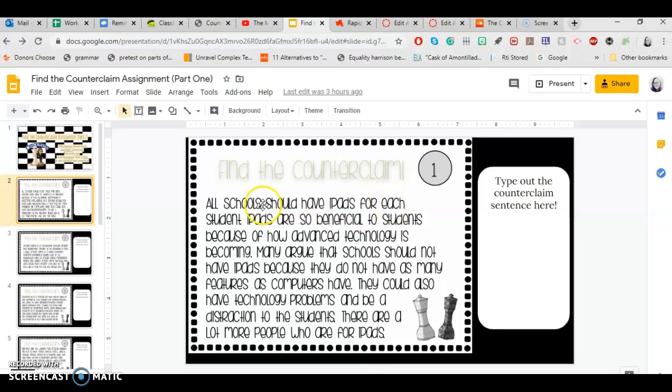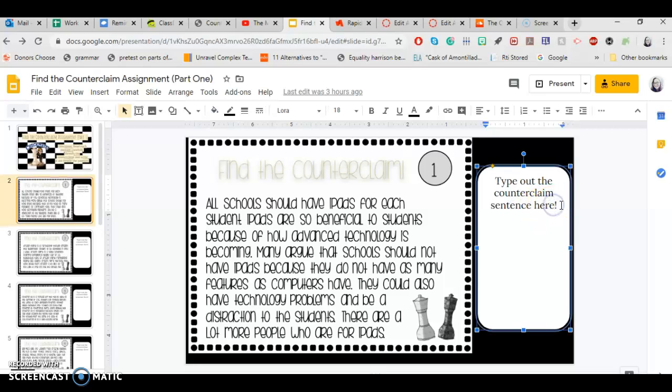So now that I know what the claim is, I have to find the counterclaim. What would be the opposite? Well, the opposite of having an iPad is not having an iPad. So what are the reasons they're giving that mean we should not have an iPad? And then we're going to type that over here.